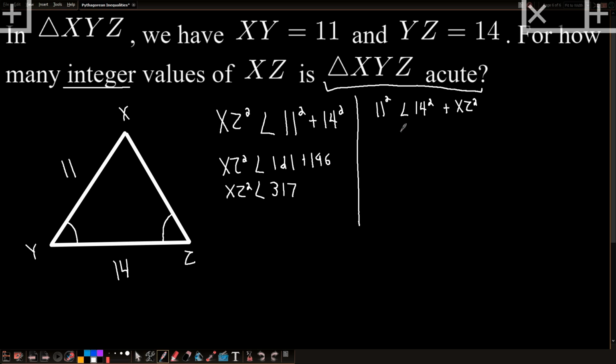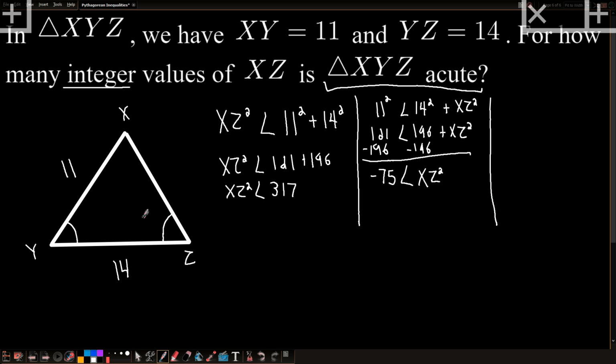So, simplifying that, 121 is less than 196 plus XZ squared. And if we subtract 196 on both sides, we are left with negative 75 is less than XZ squared.